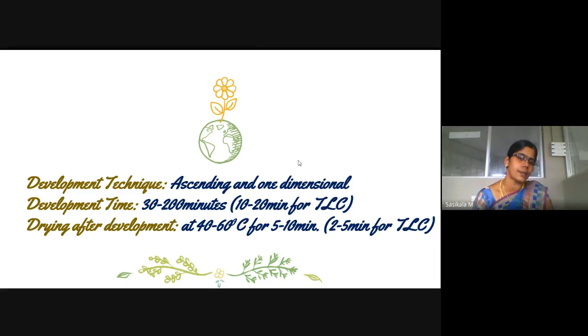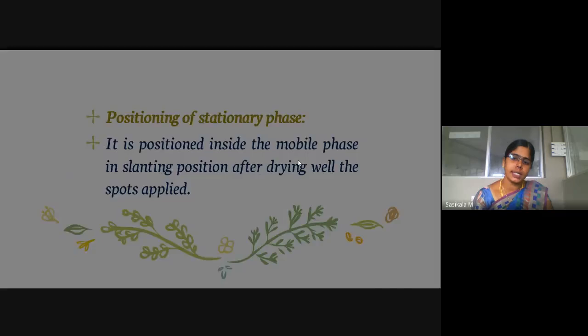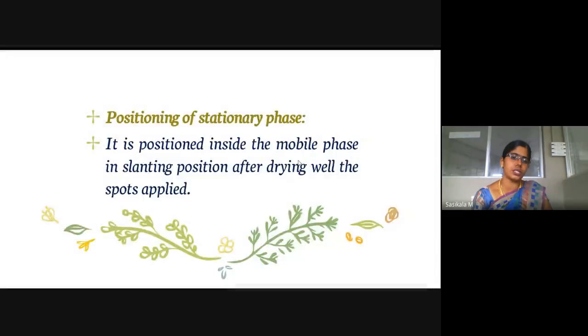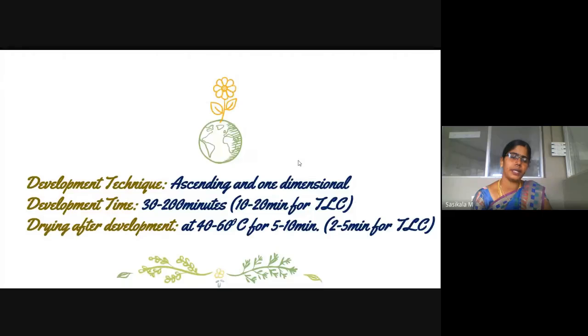After spotting the sample, you dry at room temperature only, at ambient conditions. But after development, the solvent must be dried completely to locate the sample spot. For that, we dry between 40 and 60 degrees Celsius for 5 to 10 minutes only, not up to 30.